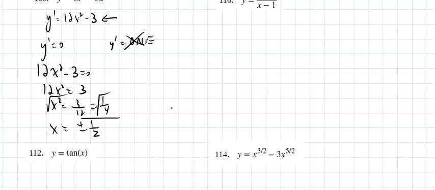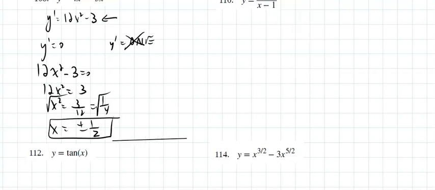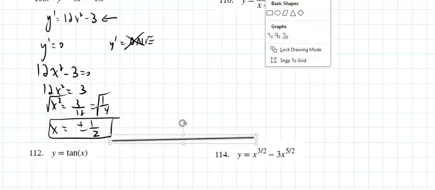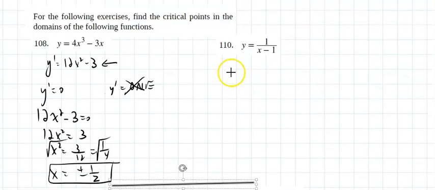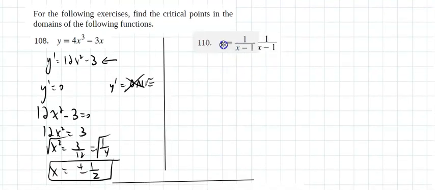So we have two critical numbers, positive 1/2 and negative 1/2. If f does happen to contain a maximum or a minimum, it must happen at one of these points. How do you figure that out? That's coming your way.